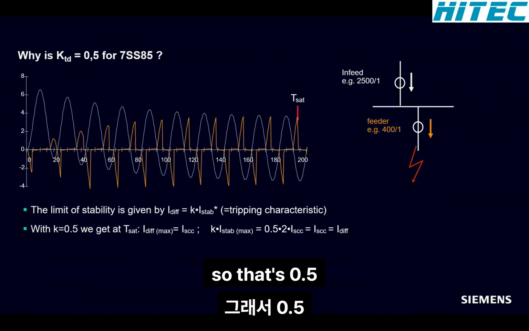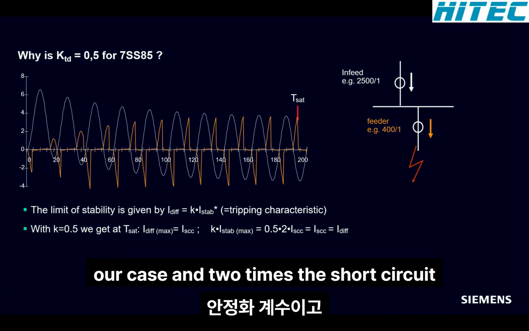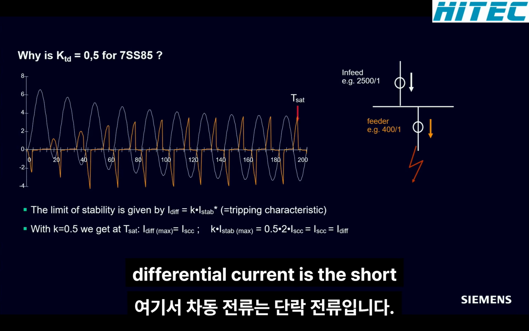So that's 0.5, that's our stabilization factor here in our case, and 2 times the short circuit current. And so here the differential current is the short circuit current.